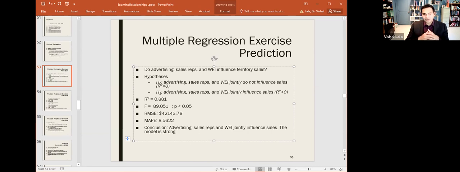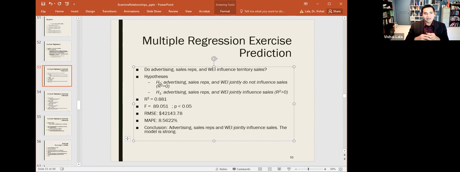So on average, we're saying for any given prediction about sales, we're off from the real number by $42,143. The MAPE is a percentage number because it stands for mean absolute percentage error. So on average, for any given territory sales, our prediction is off from the real number by 8.5622%.